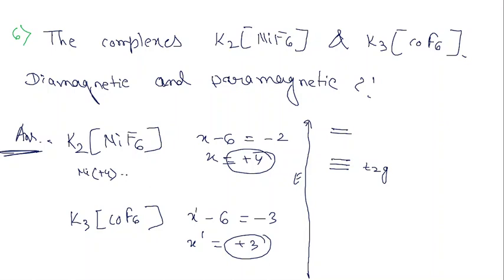Okay, here is the specialty of this question. The more positive charge over the central metal ion, the more will be the electrostatic interaction between the ligand and the metal, meaning between the d orbitals of these systems.